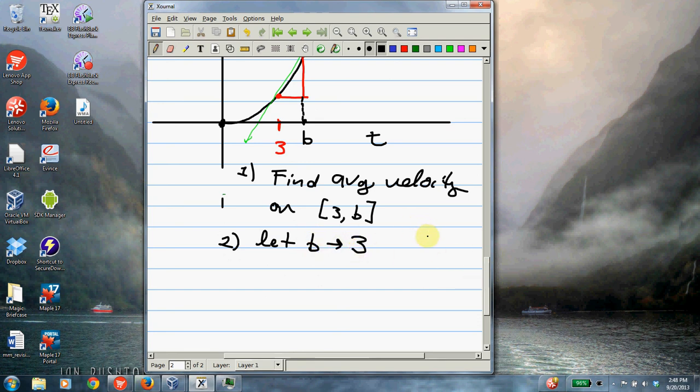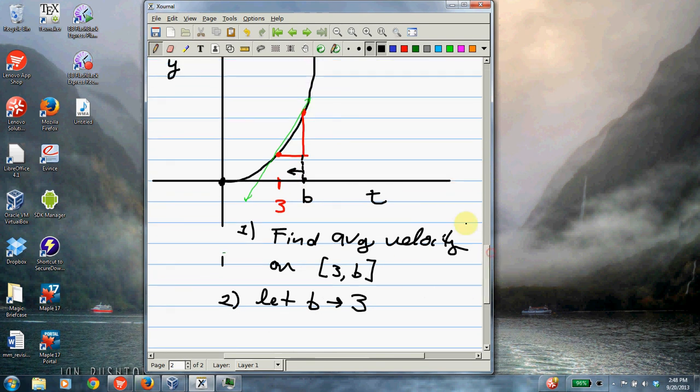Right? So in the picture here, you can just kind of imagine that b is kind of in love with 3, and every time 3 looks the other way, b is going to scoot a little bit closer. And you know, this green line, the meaning of the slope of the green line is the average rate of change.